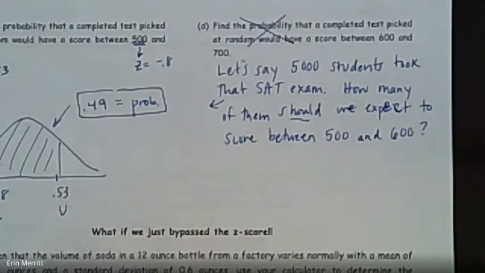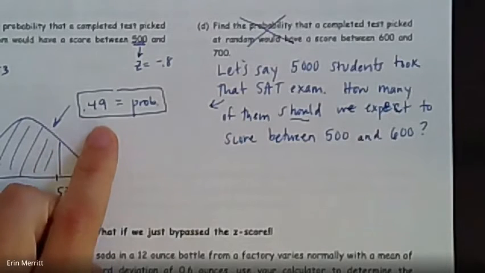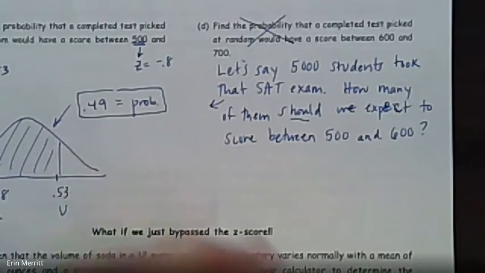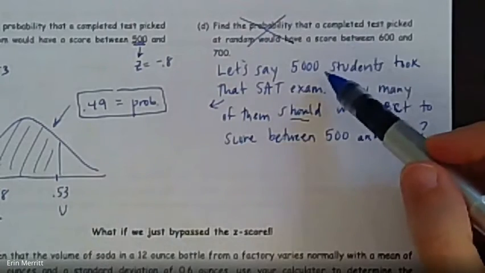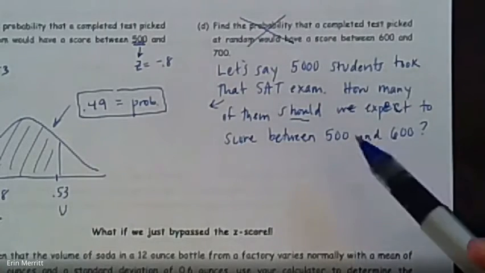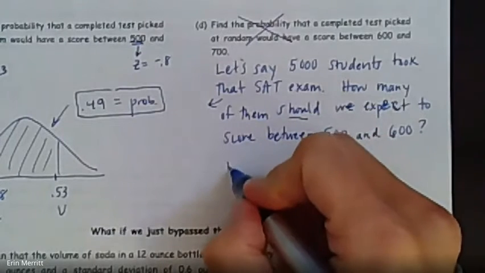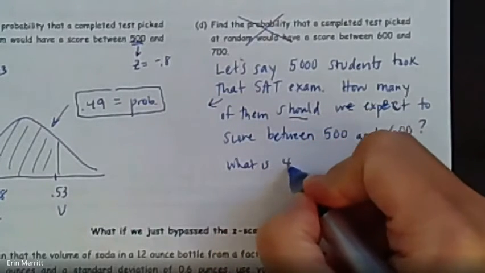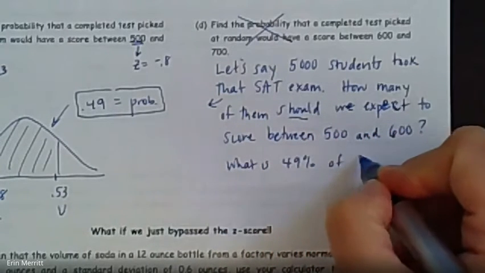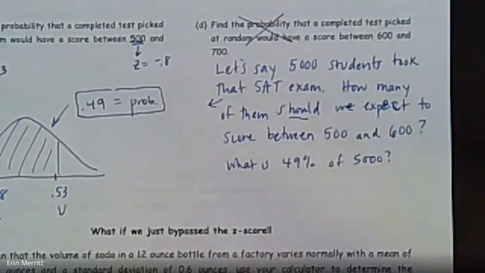All right. So this is like questions, I think it was 2 and 3 on the day 2 homework, right? As soon as you know the probability, when it says how many out of 5,000 or 10,000 or 200, whatever it might be, all you have to do in this case is you're really saying what is 49% of 5,000. That's what you're being asked.